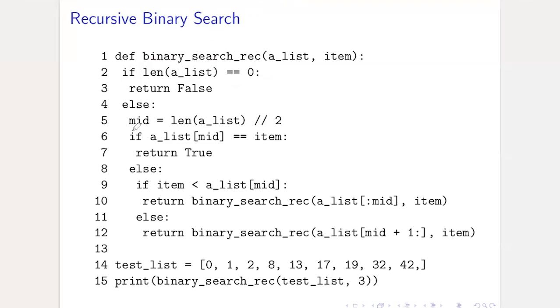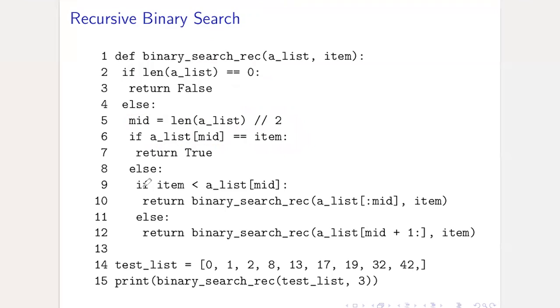Otherwise, we get the midpoint, and if the item is present at the midpoint, we return true. So these are the base cases.